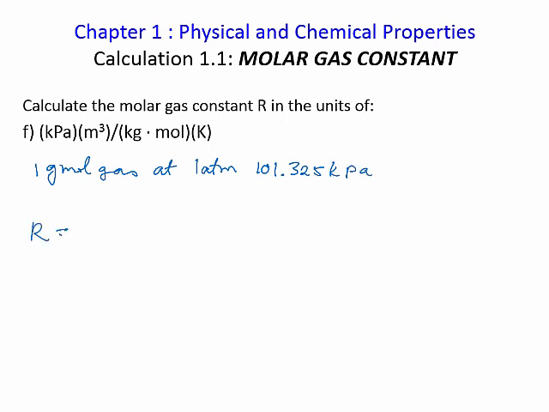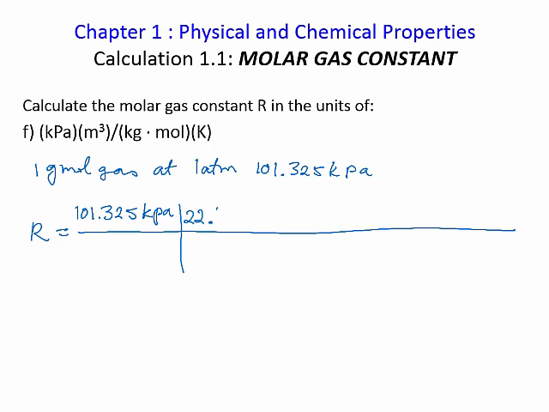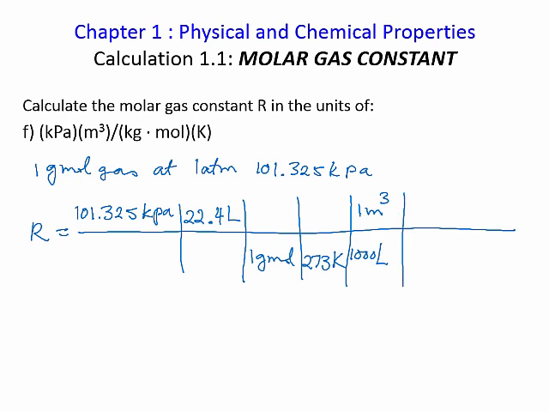R is equal to 101.325 kilopascal of pressure times volume of 22.4 liter divided by 1 gram mole divided by 273 degrees Kelvin, and we need to convert liter to meter cube. 1 meter cube is equivalent to 1000 liter, and we need to convert gram to kilogram.